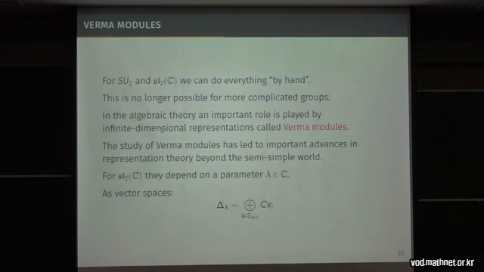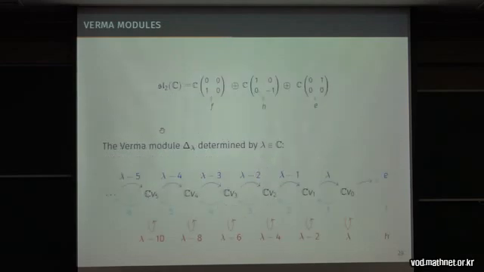So they have a basis indexed by non-negative integers. So here I've just written down what the Verma module is. Okay, so this goes off to infinity. I have operators that go down, 1, 2, 3, 4, 5, and then operators that take me back up. And you'll notice that this module depends on this single parameter lambda.